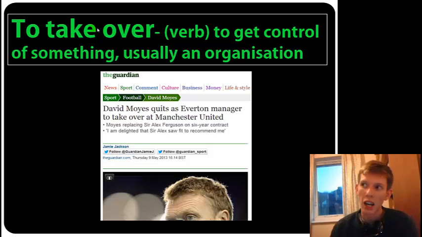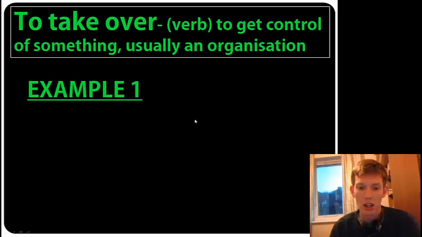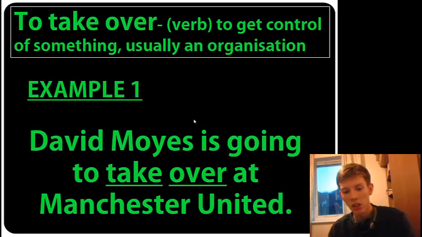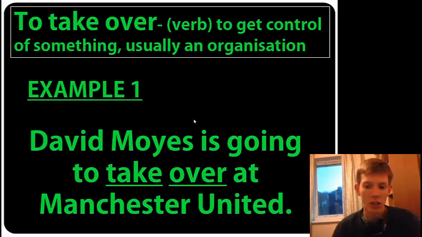But he retired, he left. They got a new manager, and the new manager was called David Moyes. So we can say that David Moyes is going to take over at Manchester United. Here's the sentence. David Moyes is going to take over at Manchester United.